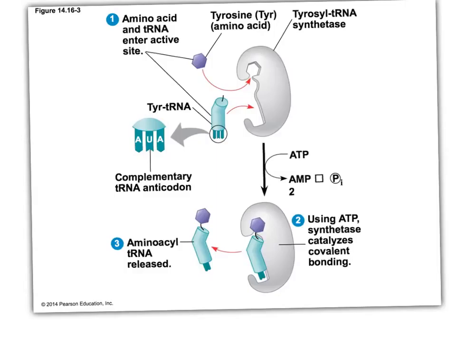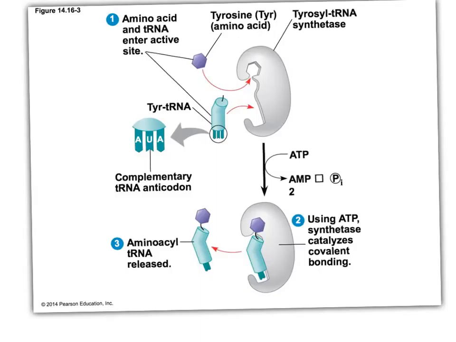So 20, one for each amino acid. Okay? Other guesses? I would say there's more than 20, because the specificity is not only for the amino acid, but also for the tRNA. Right? How many possible tRNA codons or anticodons are there that are used?